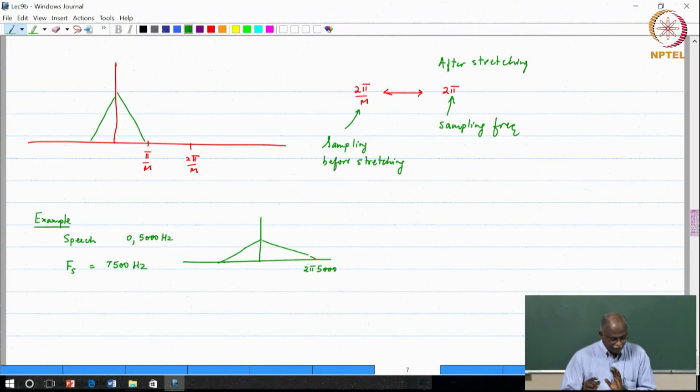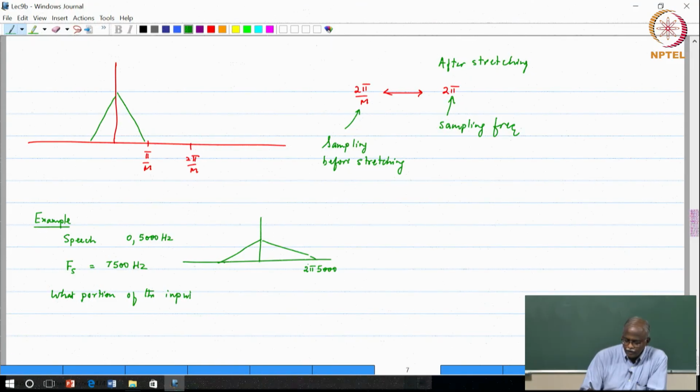Clearly this would be a case where you are not satisfying the Nyquist criterion. Now, what portion of the input signal spectrum is free from aliasing? Aliasing will occur and affect some portions of my spectrum. Which portions of my input signal spectrum are free of aliasing?